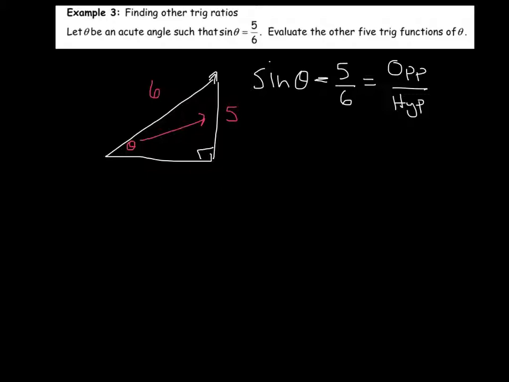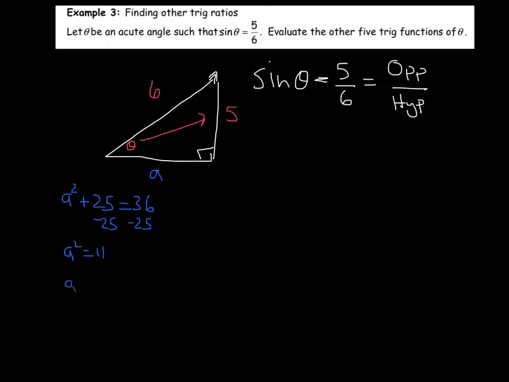So for right now, why don't we call this A? All right. So we're going to do the Pythagorean theorem to find A. So let's see here. We have A squared plus B squared, which is 25, equals C squared, which is 36. So you subtract 25, and A squared equals 11.